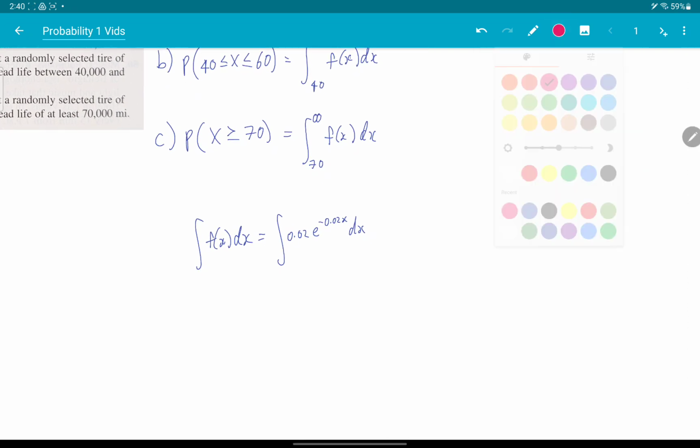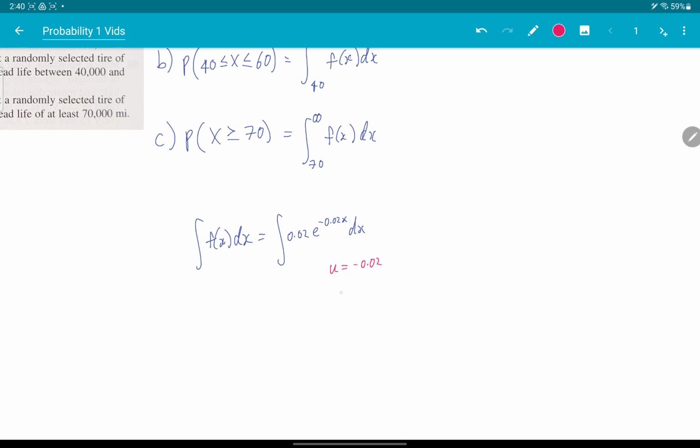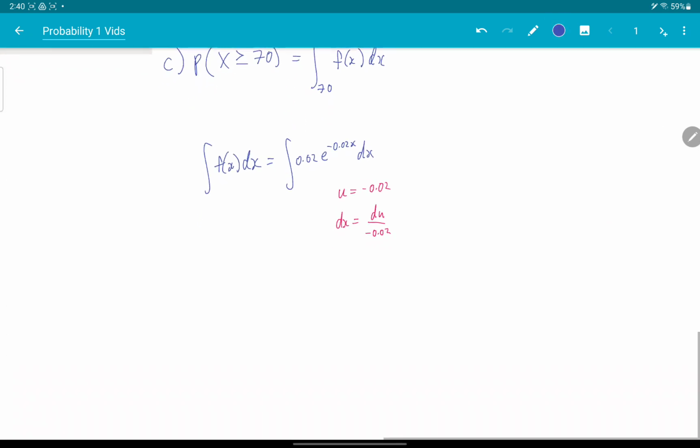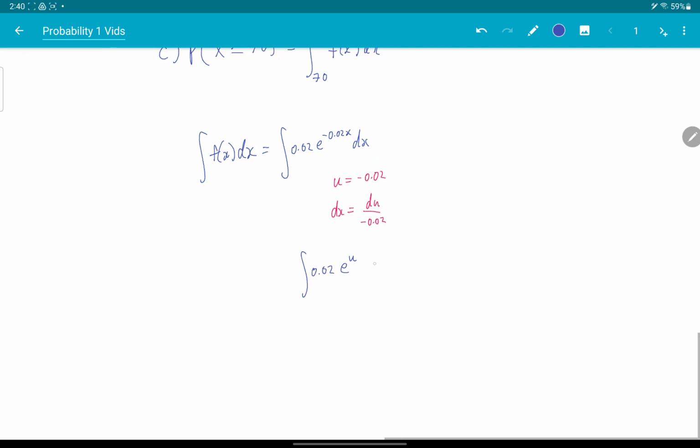Now I would do a u substitution. U is negative 0.02 x. So dx is going to be du over negative 0.02, giving e to the u du over negative 0.02.